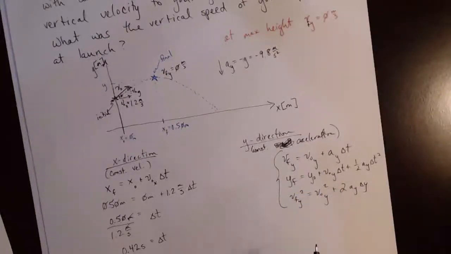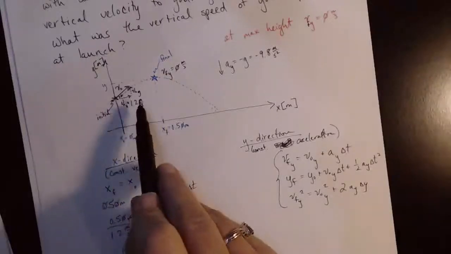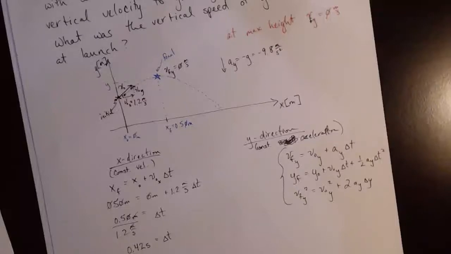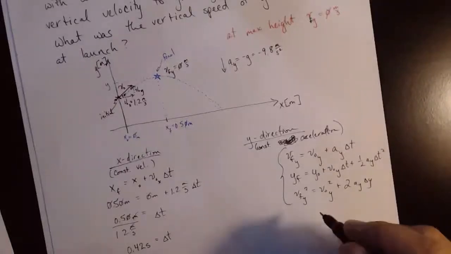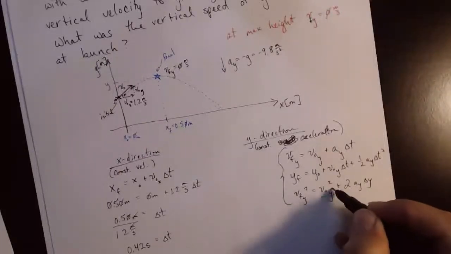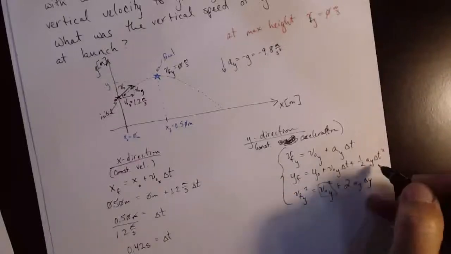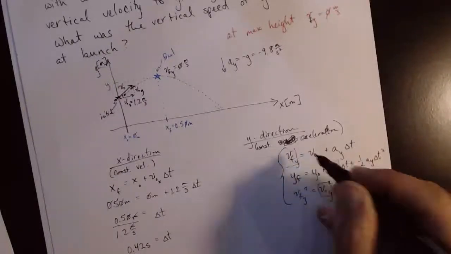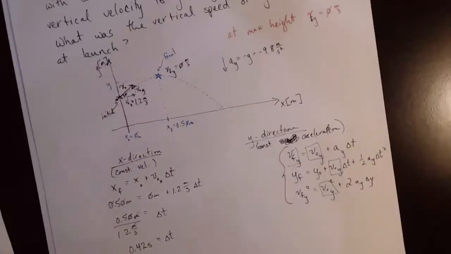We're looking for the initial velocity in the y direction. That's what we're looking for in this problem. So I'll square that out in green. The initial velocity in the y, that's what we want.